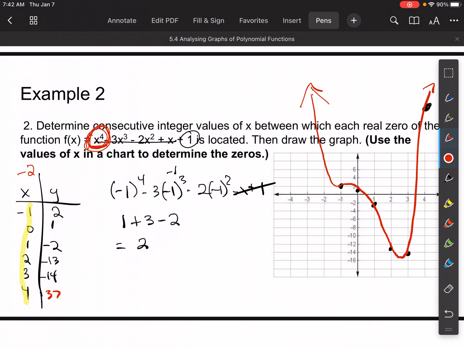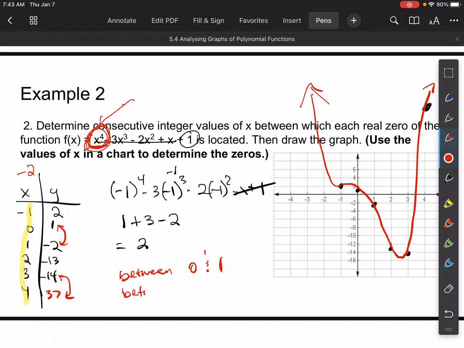Okay, so here they want to know where the zeros are. The zero happens somewhere between, notice here, from 0 to 1 we had a sign change. So we could say between 0 and 1. And then from 3 to 4 we had another sign change. I like to go until I see that thing acting in the behavior that I know it's supposed to act in.